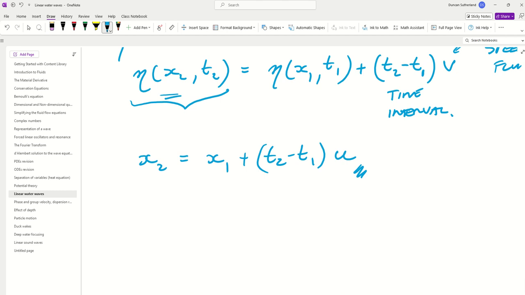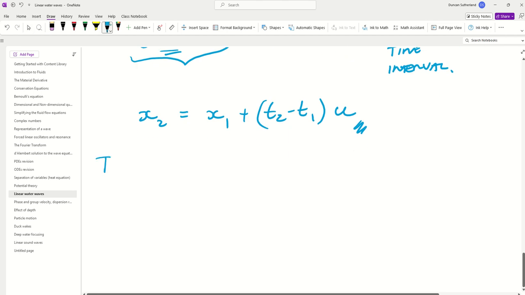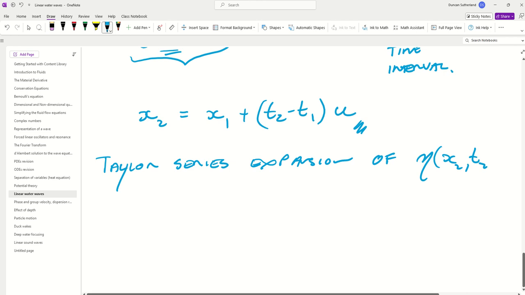All right. So whilst we're Taylor expanding a multivariable function, we're only expanding in one of the directions. So the Taylor expansion is actually a single variable Taylor expansion.